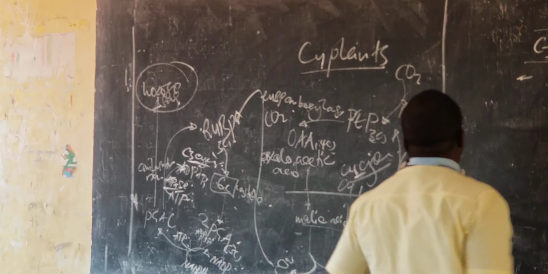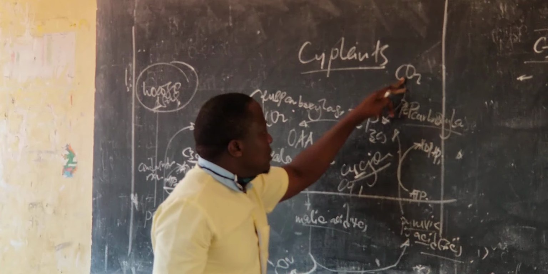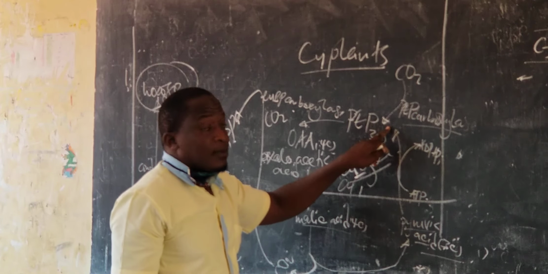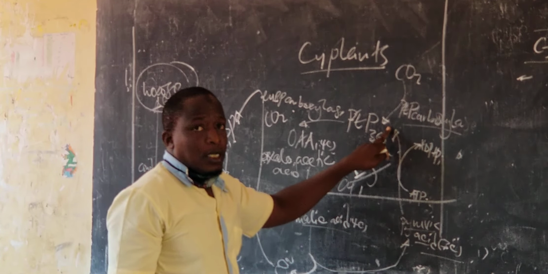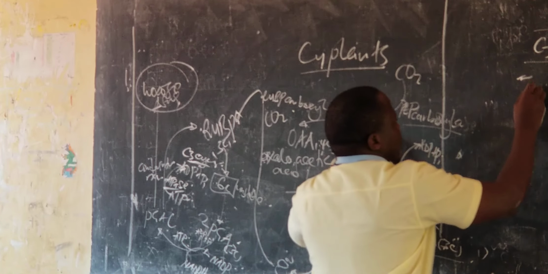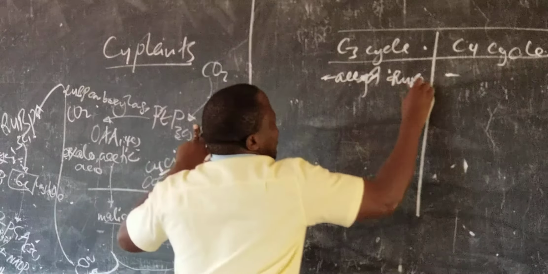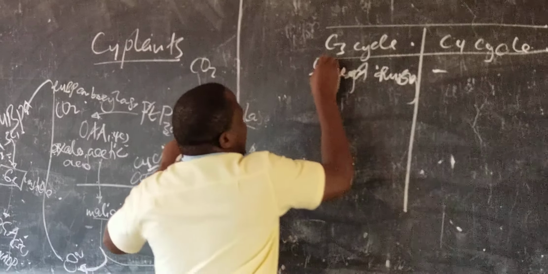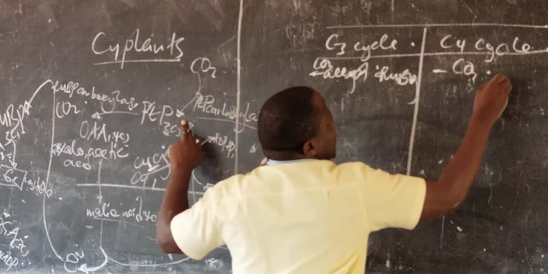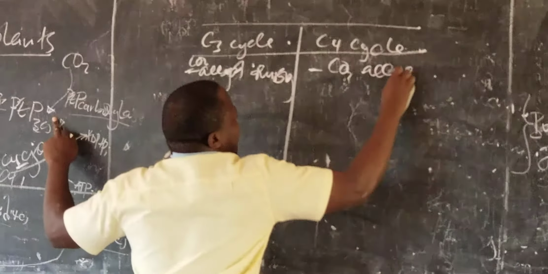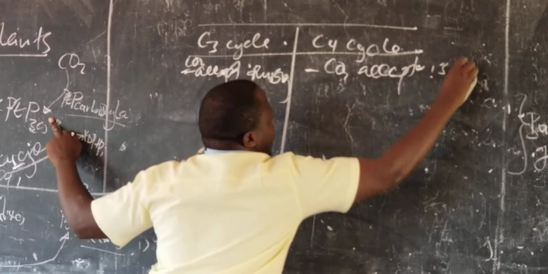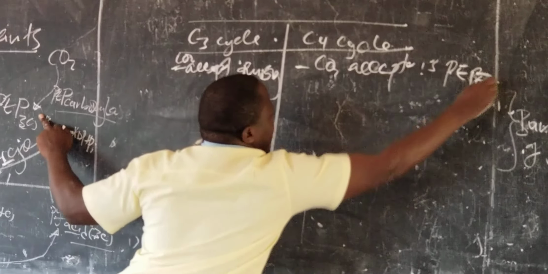And on this side of the C4, the carbon dioxide acceptor is PEP. So the acceptor here is RuBP, and here the carbon dioxide acceptor is PEP. That's a difference.